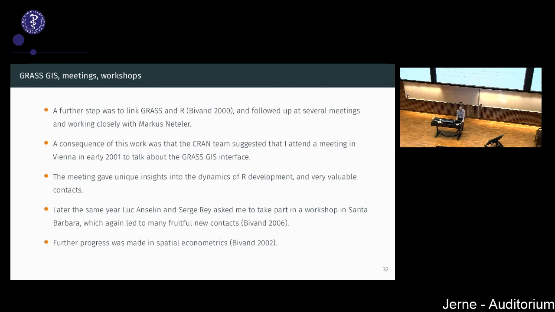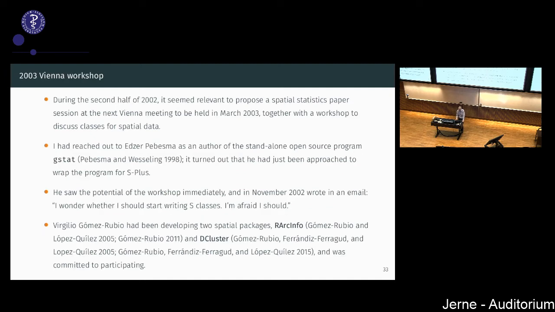Subsequently, I did some work on GIS and went to DSC in March 2001 in Vienna, which was encouraging, and I got a lot of encouragement from people there, talking to Luc Anselin, whose name I've already mentioned, who was very helpful, and some workshops and stuff. So talking to other people, it seemed sensible in 2002 to try to coordinate things, to get people together. So we had a workshop, about 10 people in Vienna in March 2003, which was the final big DSC before it moved on to use R.